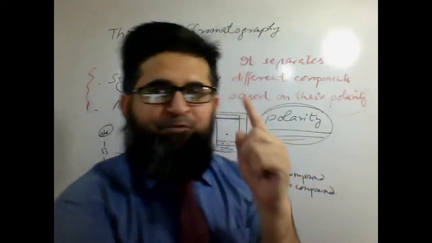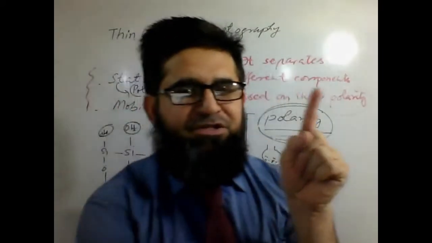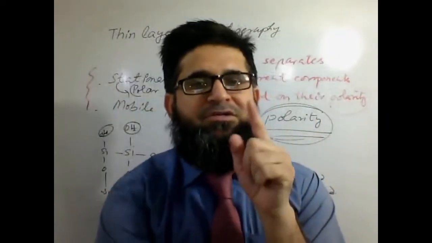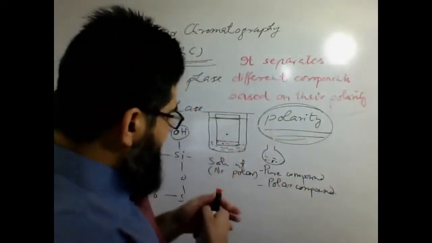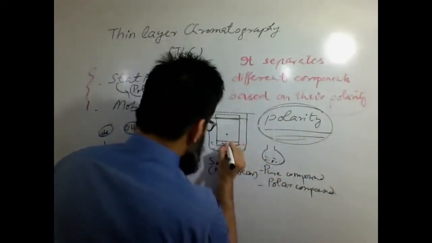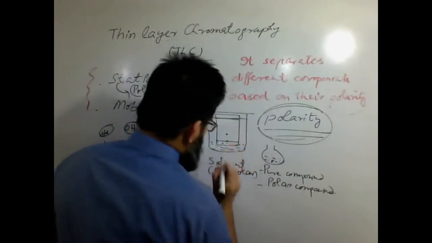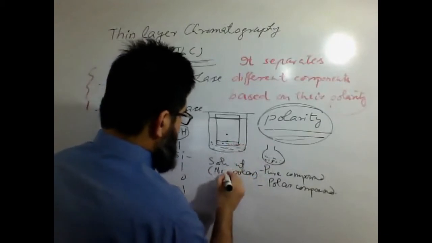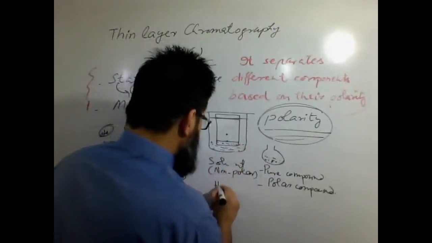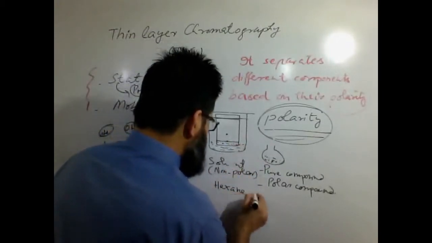So I can assume that, as the gentleman has said, it is a single compound. Let me check whether it's pure or not pure. So I will place a spot on the base of the TLC plate, and I will take some non-polar solvent. Non-polar solvent means I can try hexane.